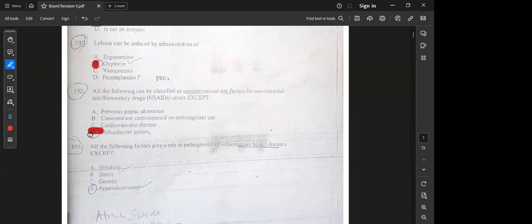If you have corticosteroids and NSAIDs, that's a problem. But for C, I'm not really understanding. I think all the others are actual risk factors which can promote ulcers, except C. Cardiovascular disease has no relation with ulcers, that's what I'm thinking.